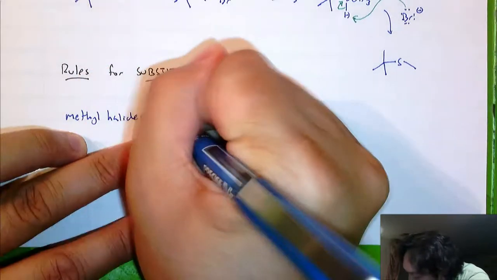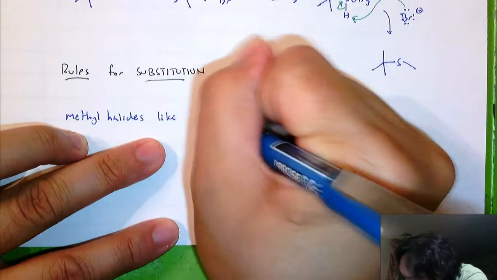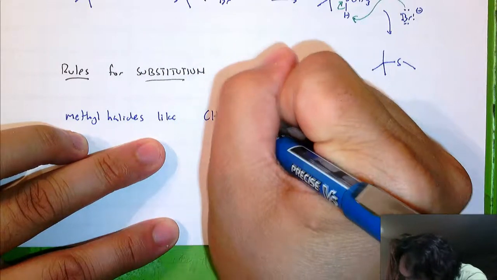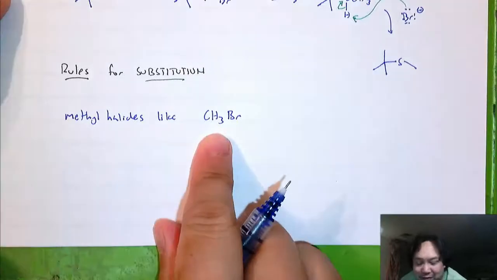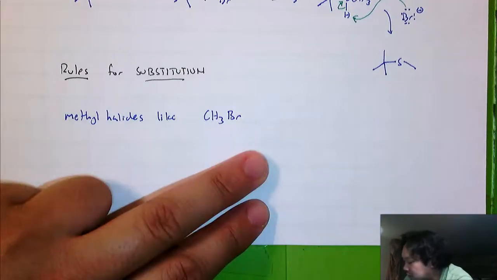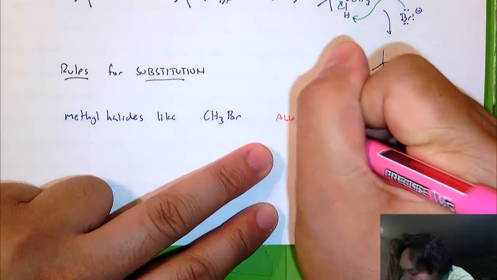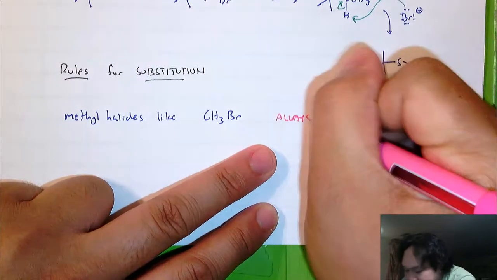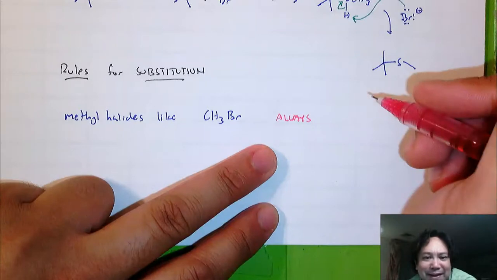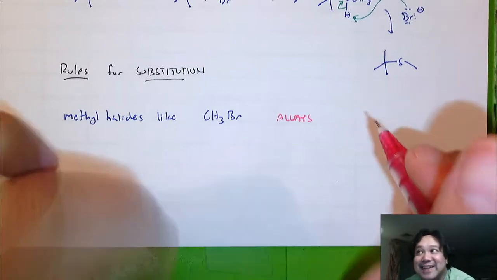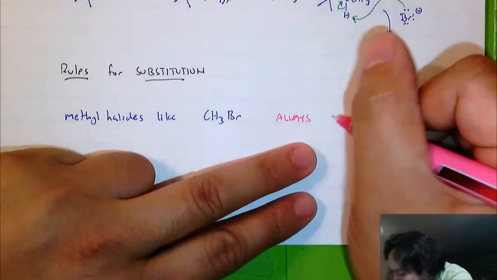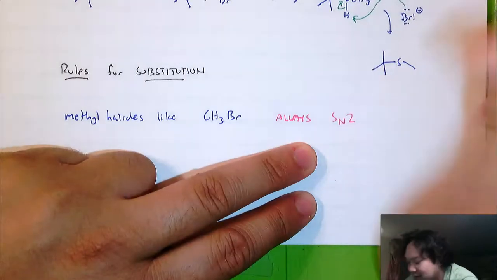like this, CH3Br. Do you see how that's very uncrowded? Your decision is always SN1. Did you hear my mistake? Always SN2. It's very uncrowded.